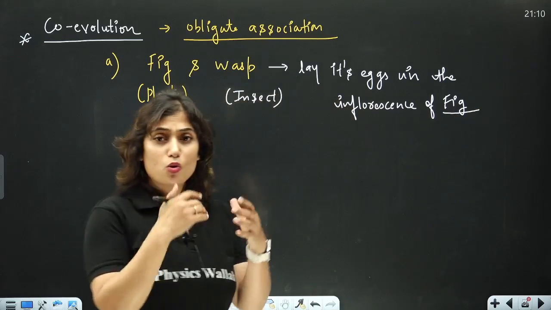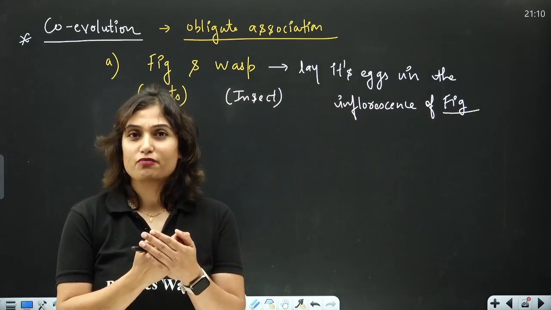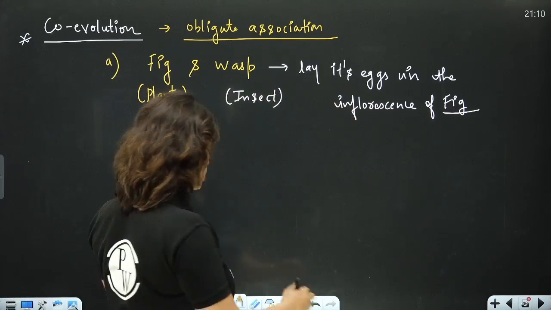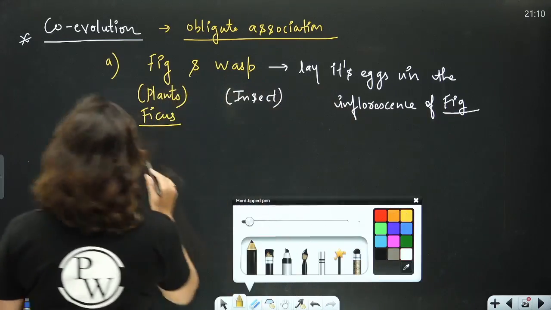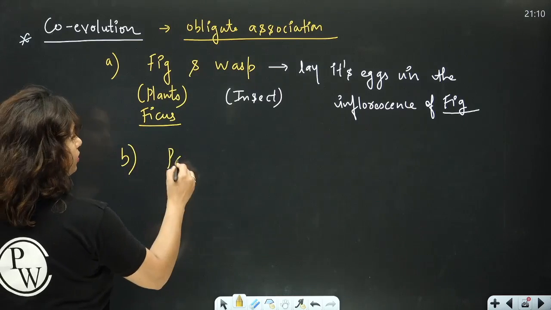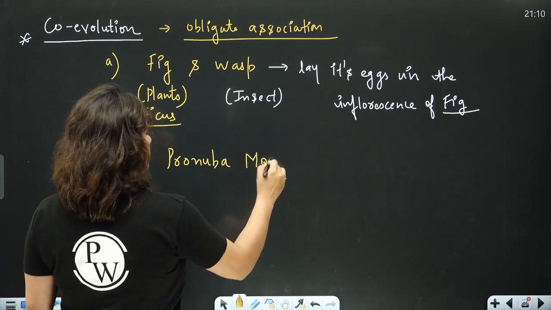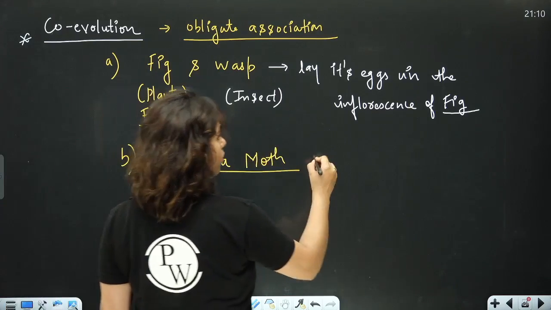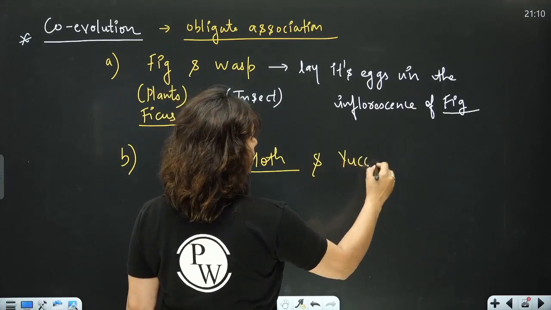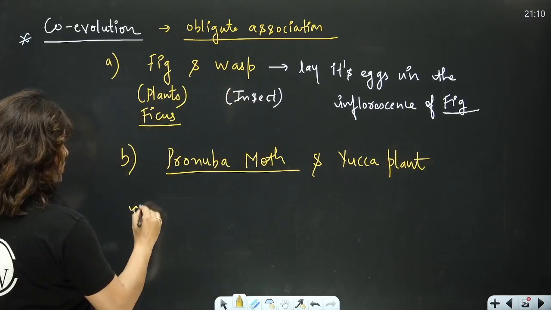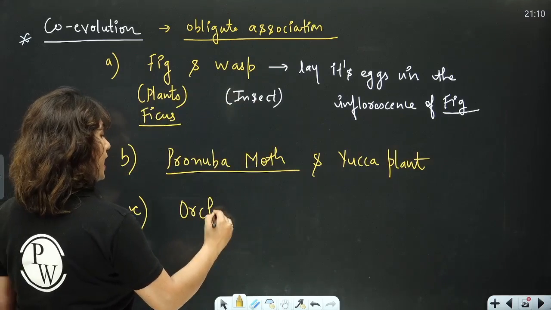They are so closely associated that they cannot live without each other, and they have evolved together in the course of evolution. The second example is Pronuba moth and yucca plant. The next example is orchids and bees.